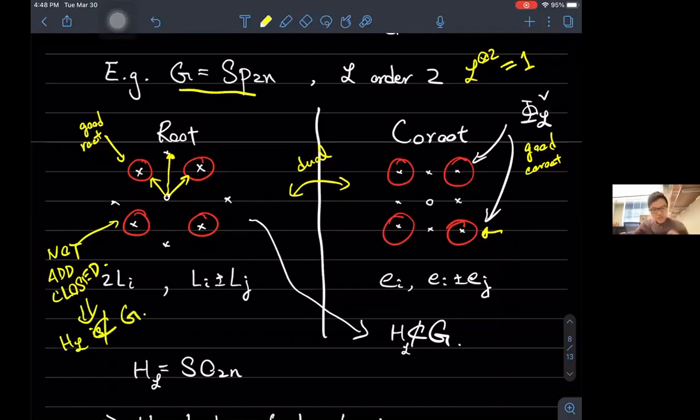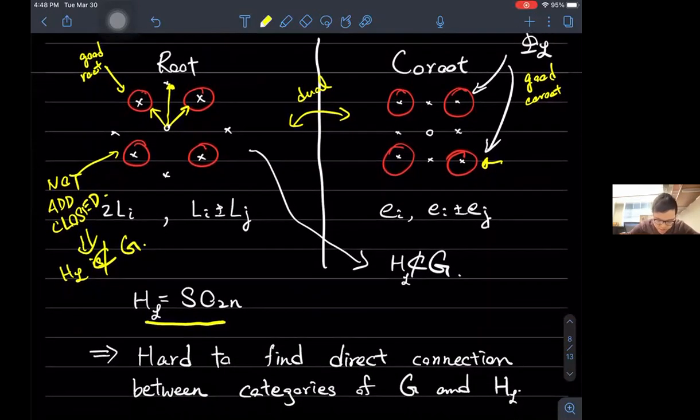To check whether it is a subgroup or not, you just care about the roots instead of the coroots. And in this case, you could check that the endoscopic group with this particular L is the special orthogonal group SO2n.